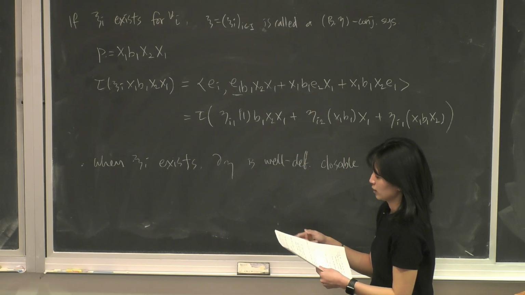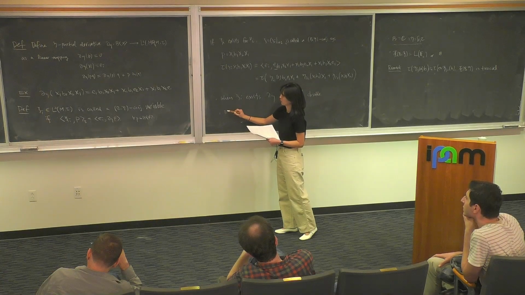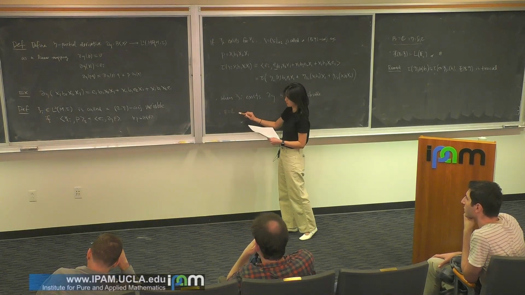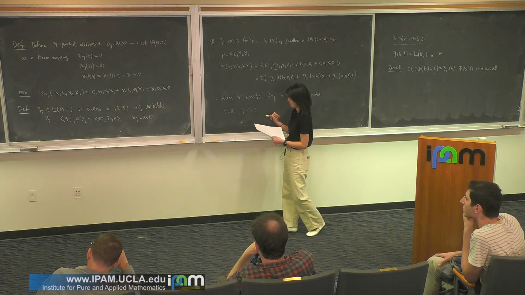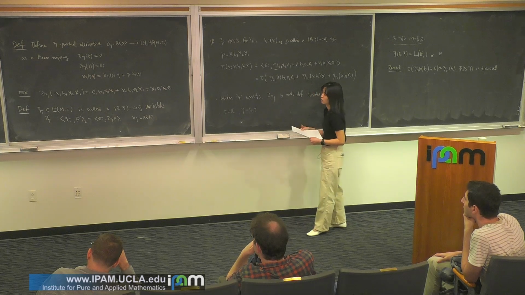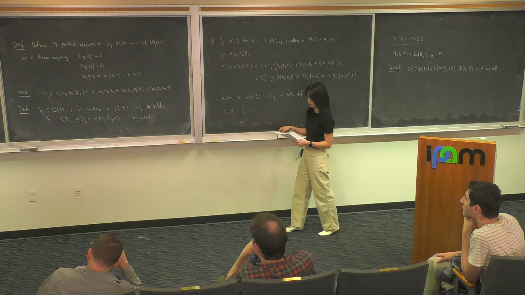And in case of B equal to the complex numbers and eta being diagonal tau, then this conjugate system corresponds to the conjugate system defined by Voiculescu.